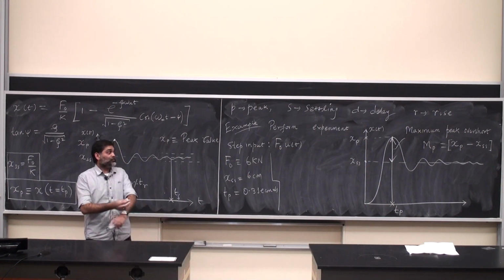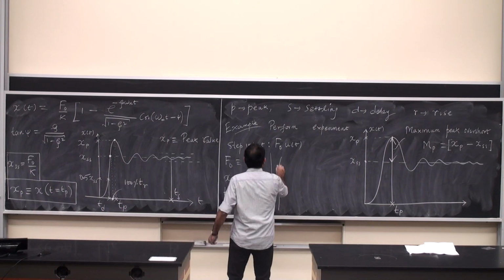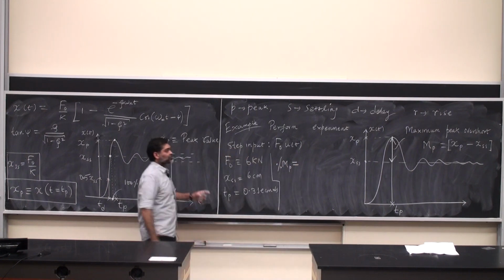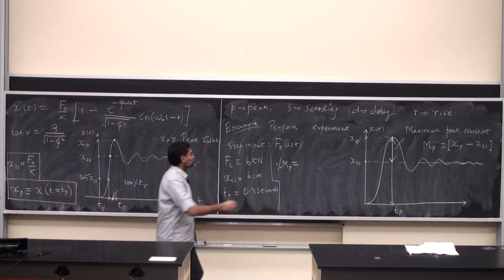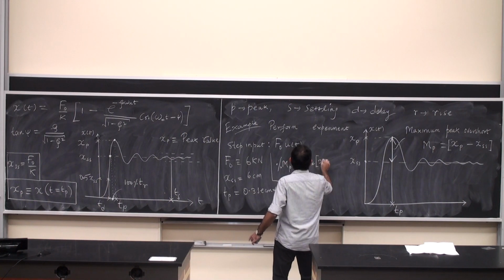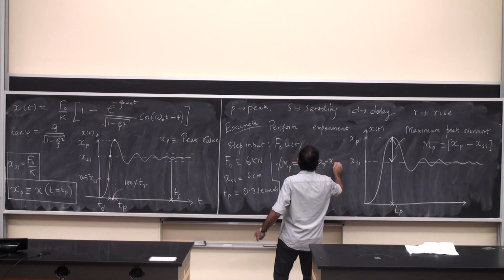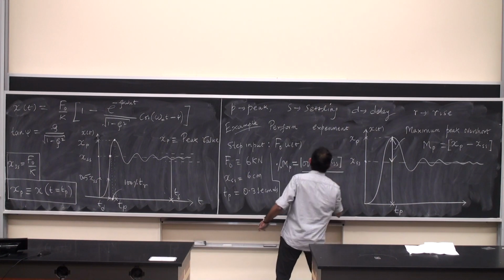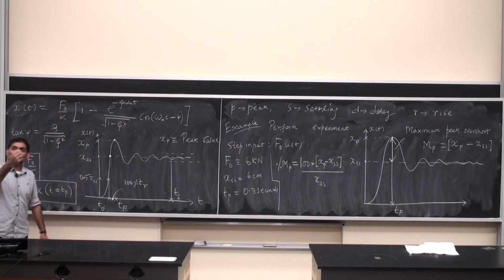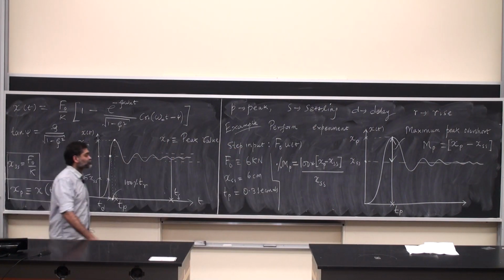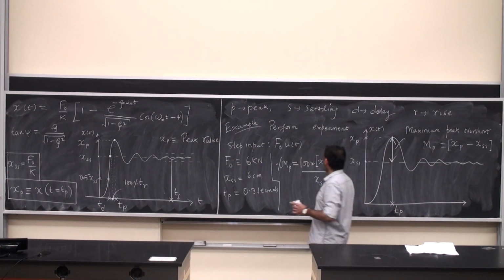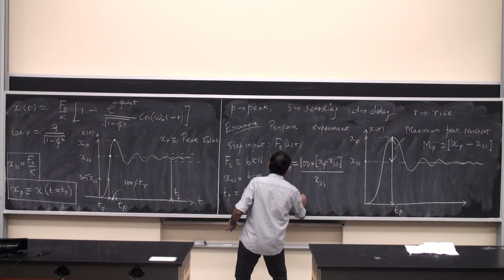The percentage maximum peak overshoot, which is written as percentage MP, is 100 times X peak minus X steady state, divided by X steady state. This is the percentage of the maximum peak overshoot beyond which the curve has gone. This is given to us as 35%, from the data.